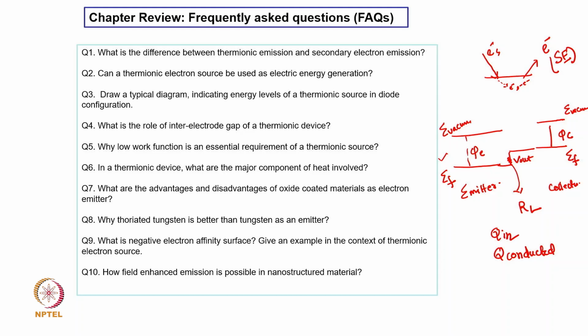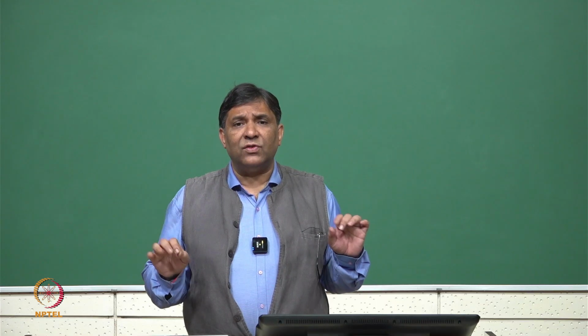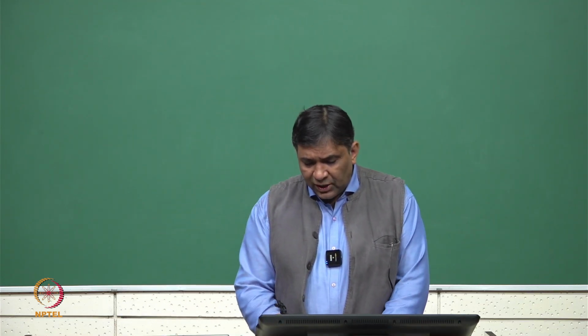And then Q radiation, because any hot body can radiate because of its higher temperature. So, Q radiation is a very important component. Then all the circuitry which is connected, so wire, lead, etc. There is a Q lead.